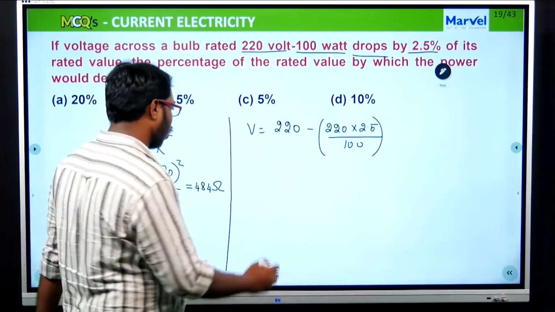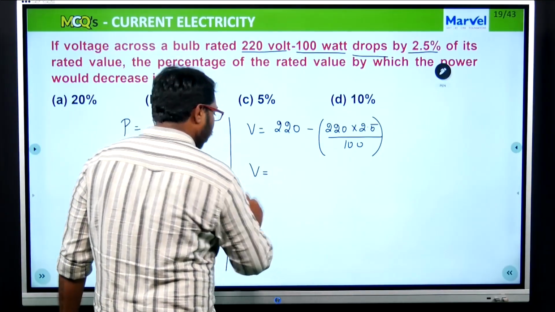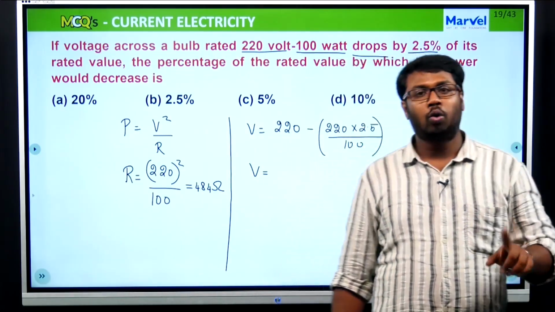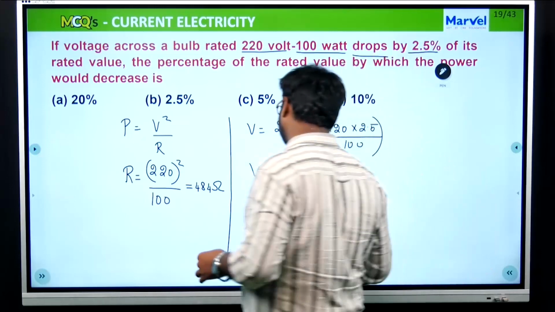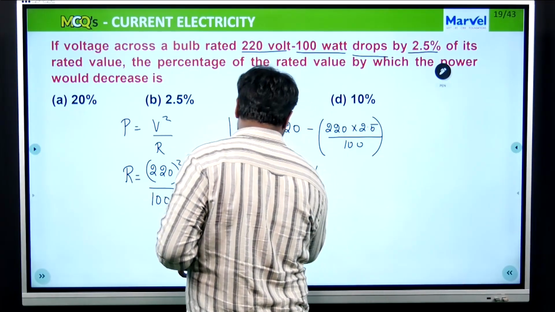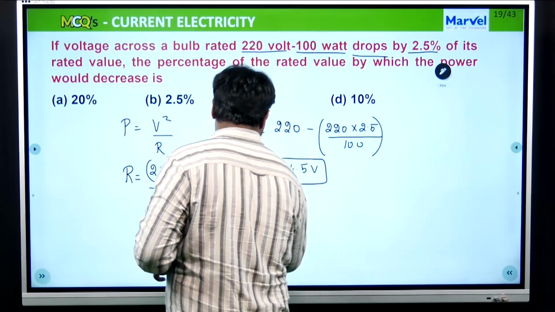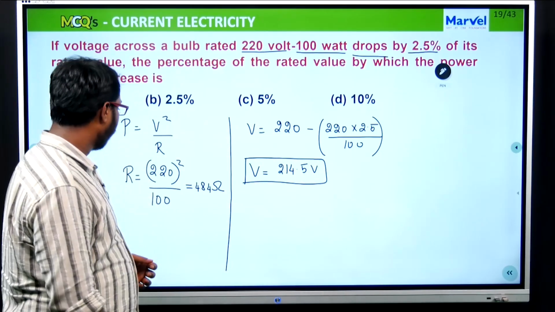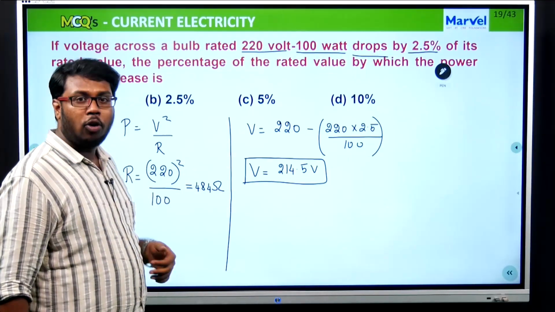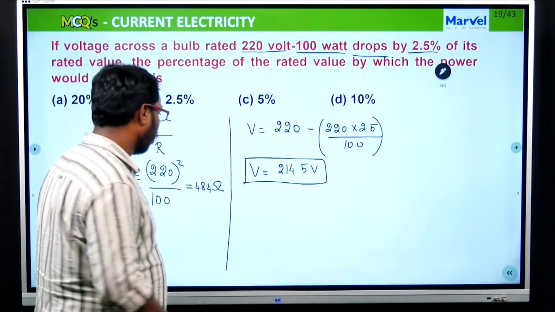So what my V is nothing but 214.5 voltage. On calculating this, you will get 214.5. So now I will again use the same exact formula to find the power for this particular voltage.